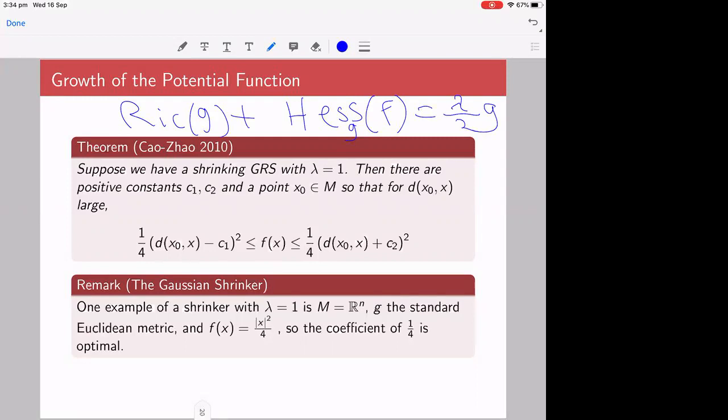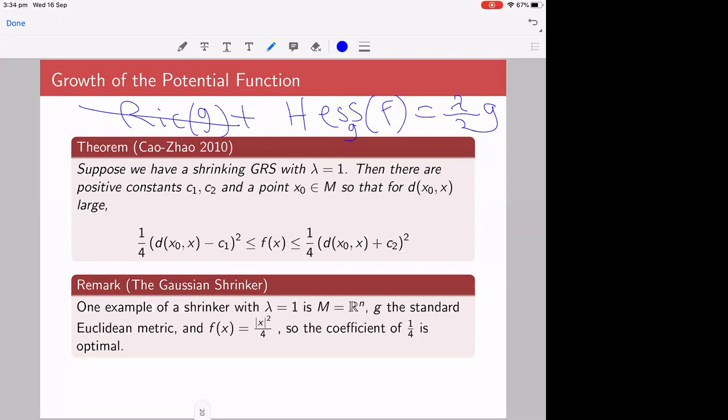In the flat Euclidean space, there's no Ricci curvature, but if we choose f of x to be the absolute value of x squared divided by 4, so the absolute value does actually make sense in the Euclidean sense, then when we take the Hessian of this, we actually get the Riemannian metric itself back, the flat Euclidean Riemannian metric.